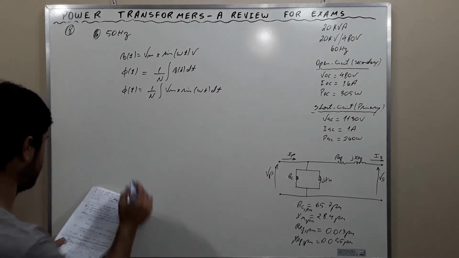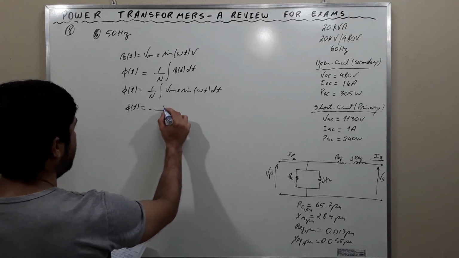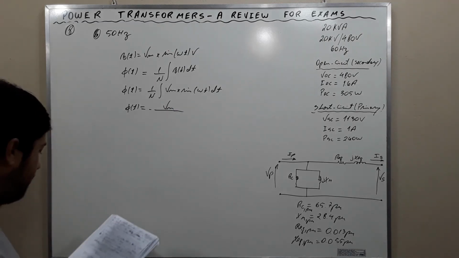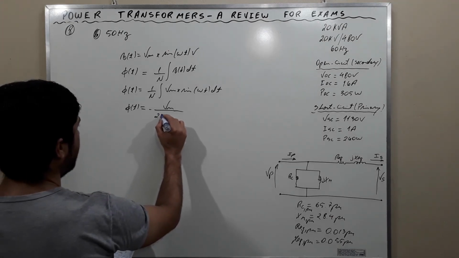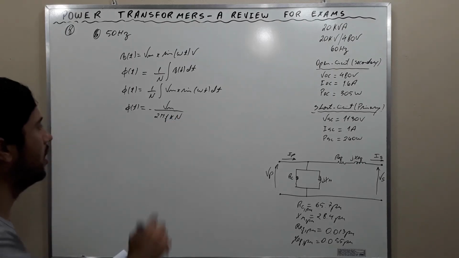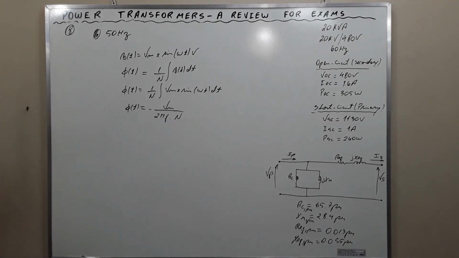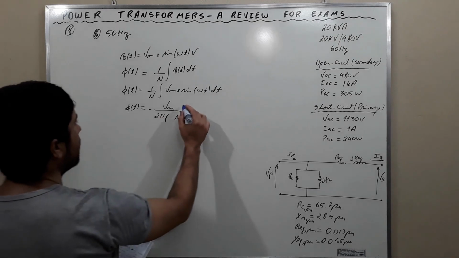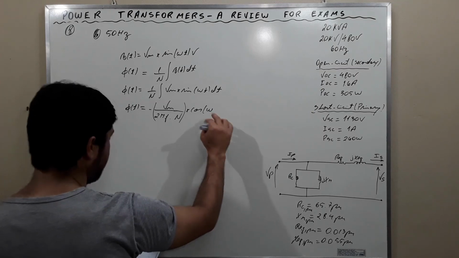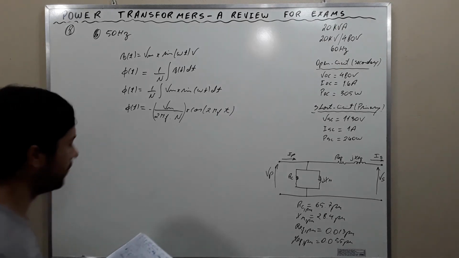we find that the flux is equal to the negative of Vm, the magnitude of the voltage, divided by 2 pi f, which is omega, times the number of turns, and this all times the cosine omega t, or if you prefer, 2 pi f t, okay?